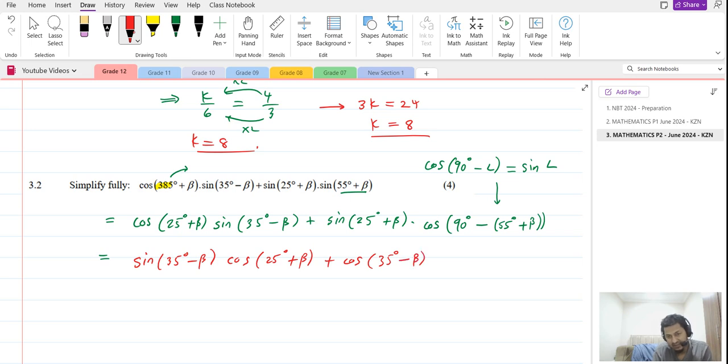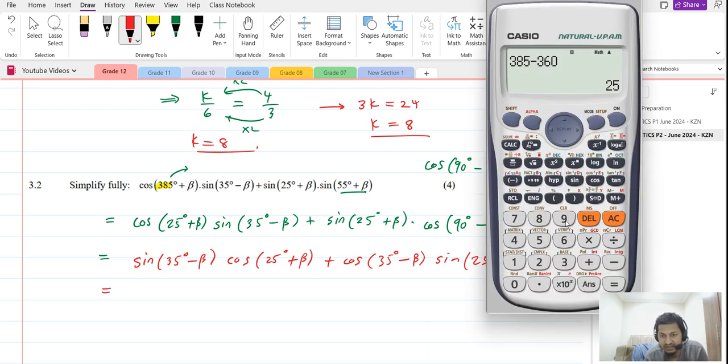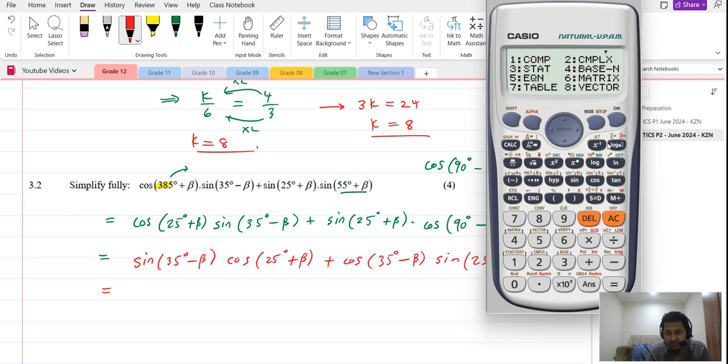Why? Because 90 minus 55 and then negative beta, sine 25 plus beta. So remember, basically I'm starting with sine, ending with sine. So 90 minus 55, we can see we're getting 35. So our answer is correct.